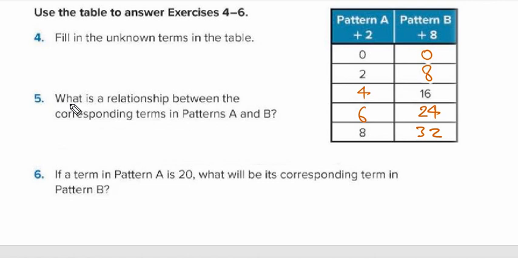So now the next question is, what is the relationship between the corresponding terms in pattern A and B? Now it is asking what is the relation between corresponding terms in pattern A and B. So here if you see, 2 times 4 is 8, 4 times 4 is 16.